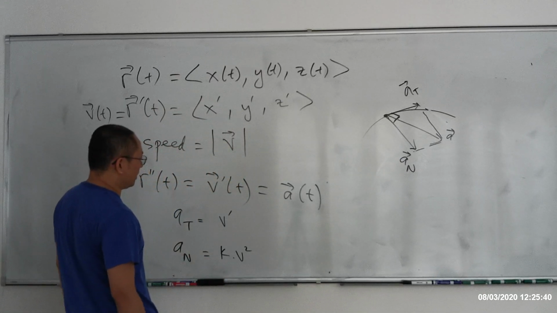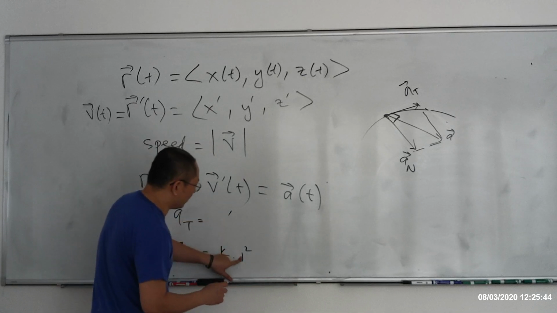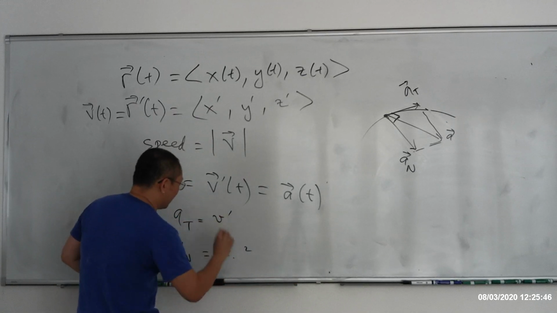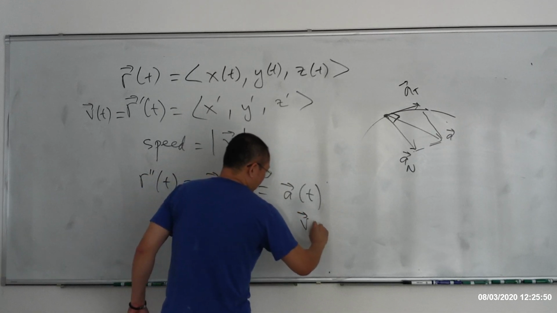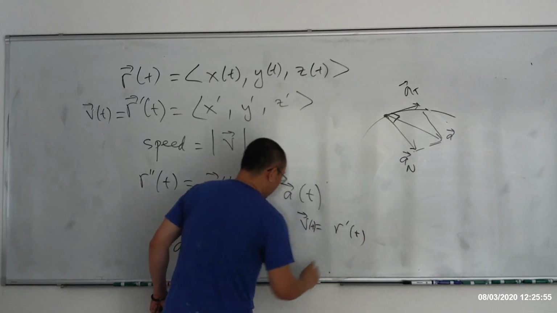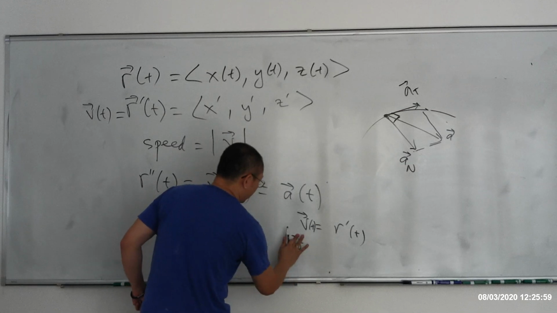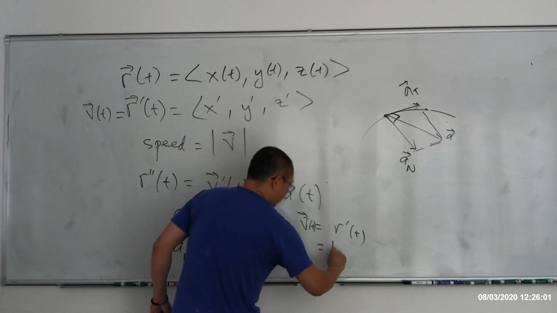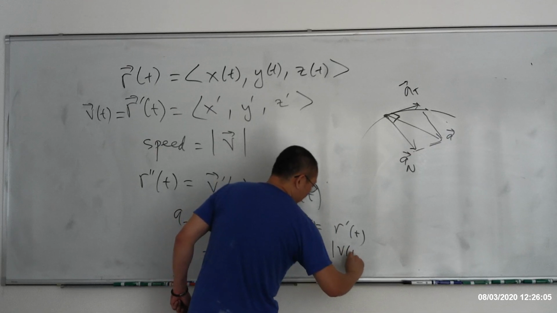Let me explain to you what v is right here. We use a little bit different notation. Vector v is equal to r prime of t, and then the v right here, not the vector, is the magnitude of the vector v.